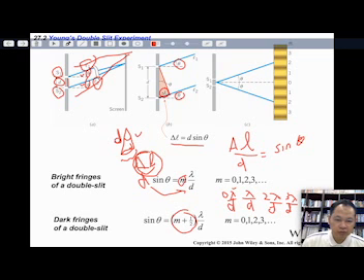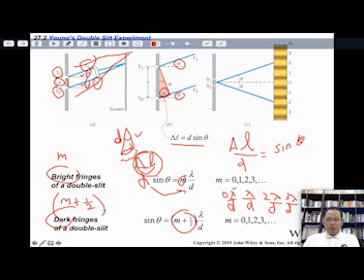The formula gives you the bright fringe every time m, and the dark fringe every time m plus half. Now it becomes a very simple equation.